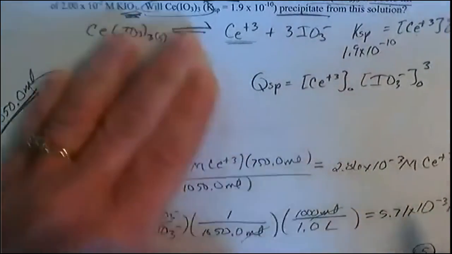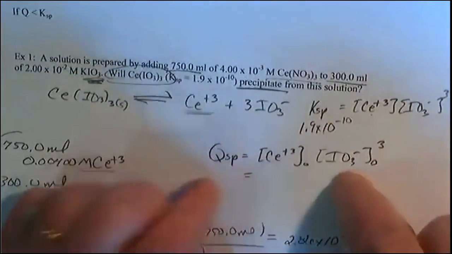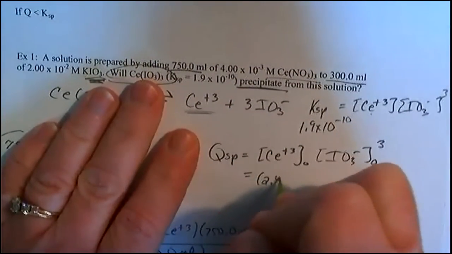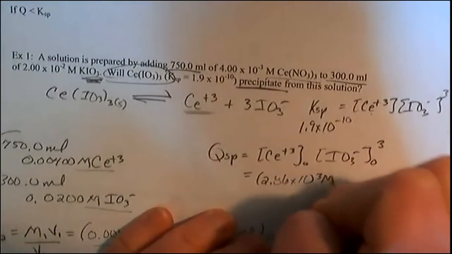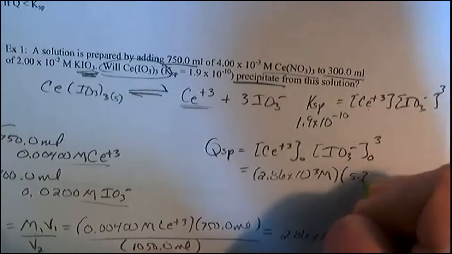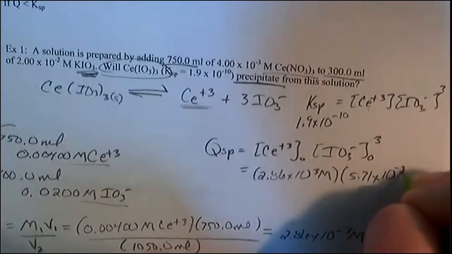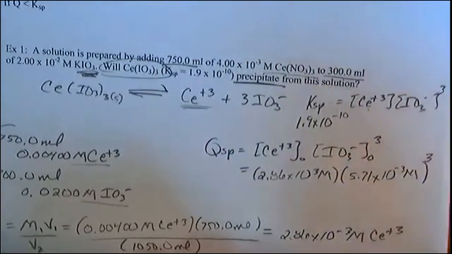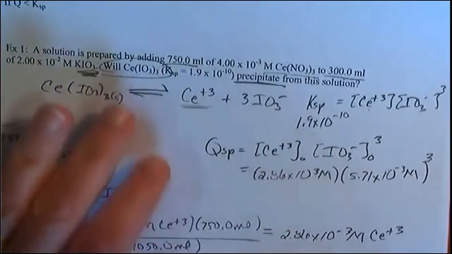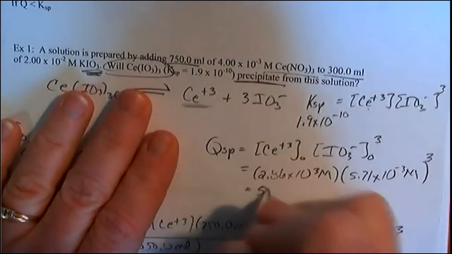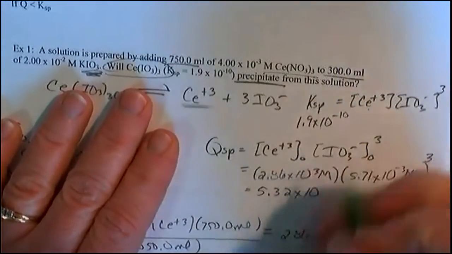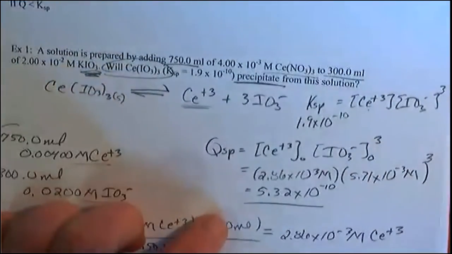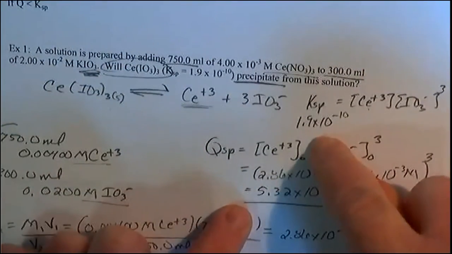And then I will plug these in, being very careful of my exponents. And 5.71 times 10 to the minus third, and that's cubed. And whenever I do the math, I get 5.32 times 10 to the minus 10th. Okay, so I'm comparing these.